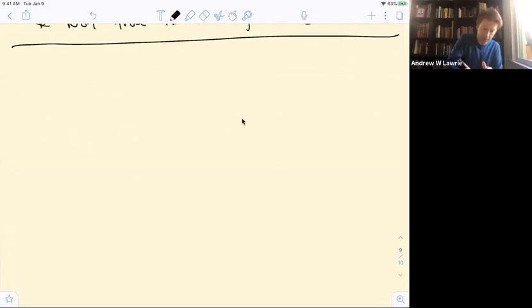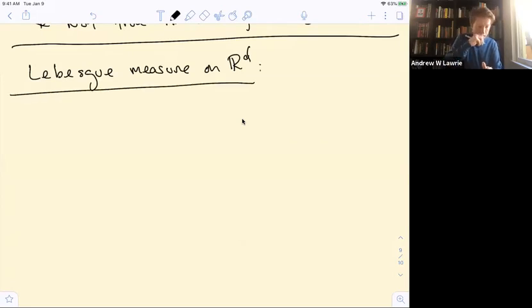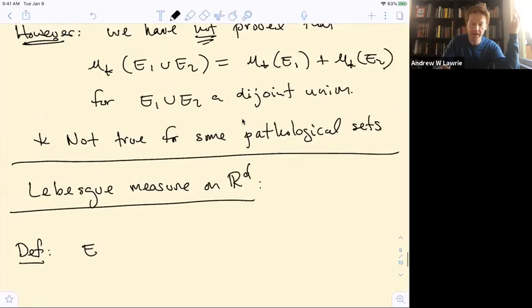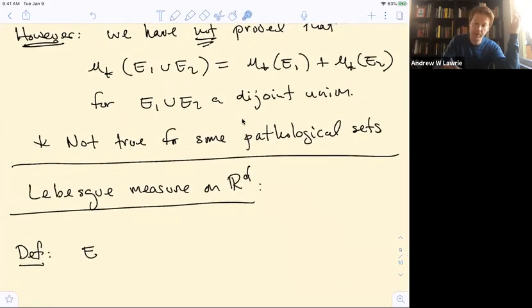So we're going to define what's called the Lebesgue measure on Rd. The definition is we're not going to define something new. We're just going to declare which sets are measurable, and we're going to make this declaration in a way that's going to allow us to recover this property.